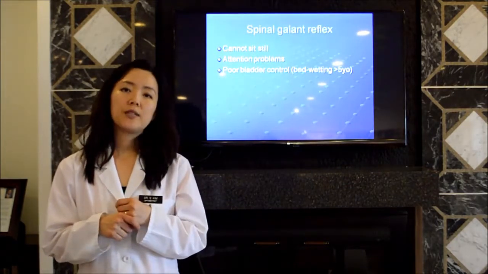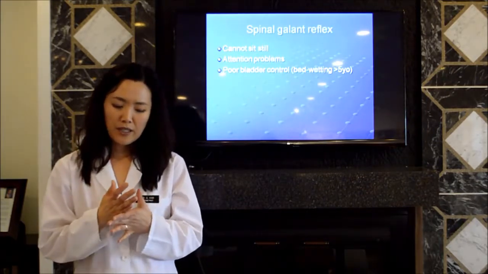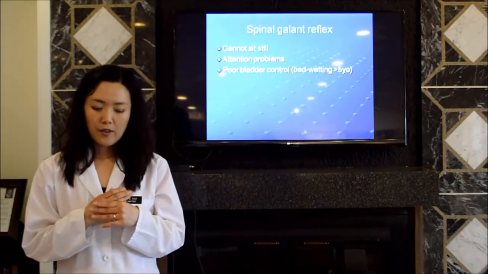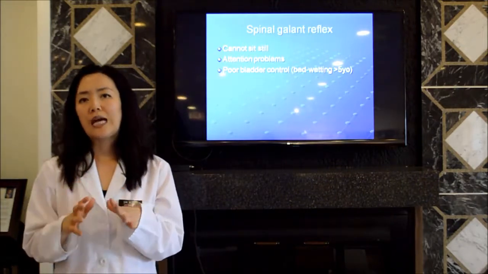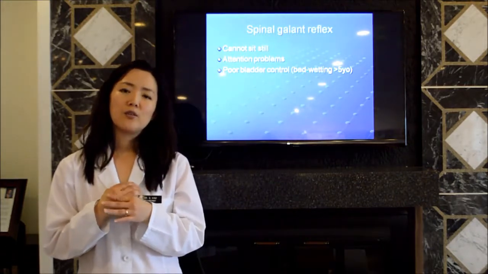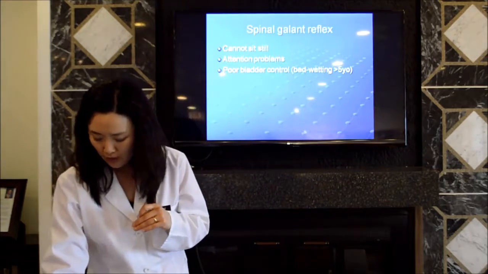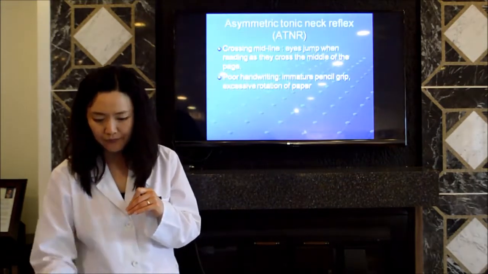Spinal Galant reflex is something that needs to be integrated by 9 months, but these are the children who cannot sit still, who have attention problems, and who have difficulty with potty training, bedwetting over age 5.